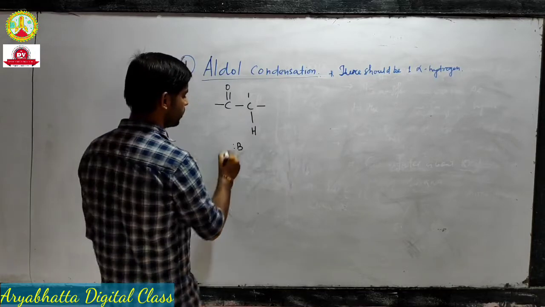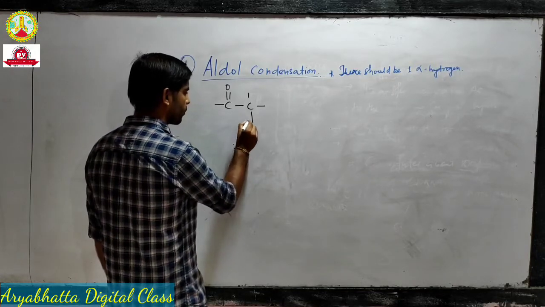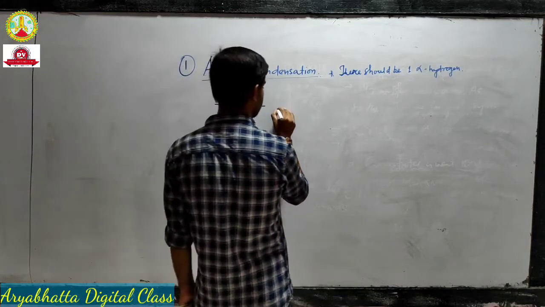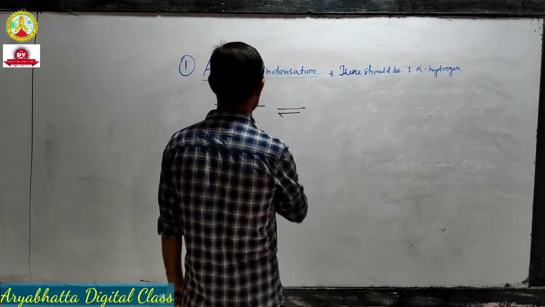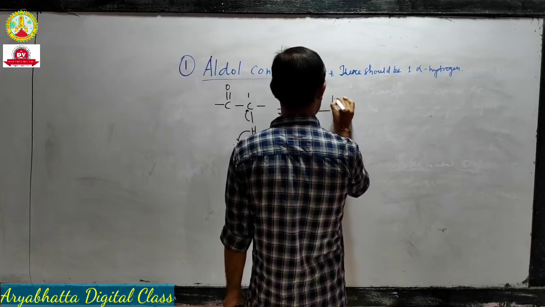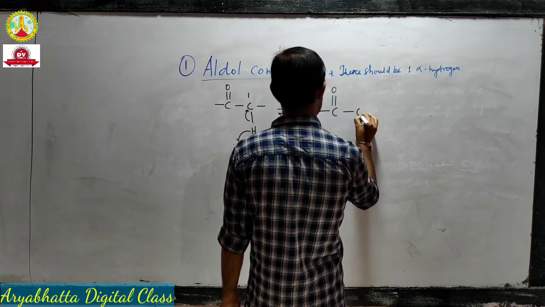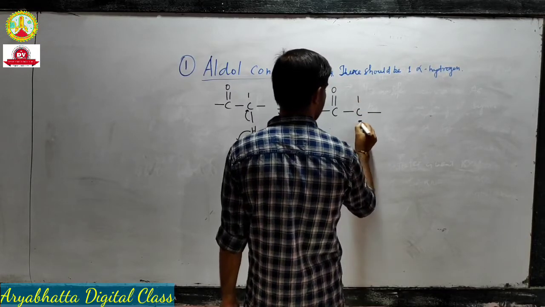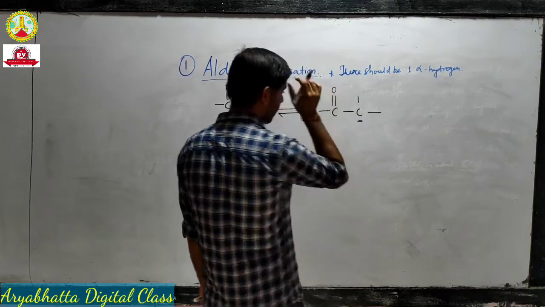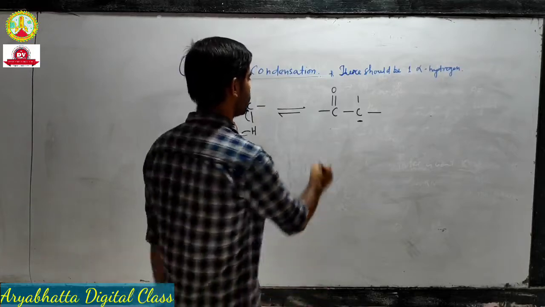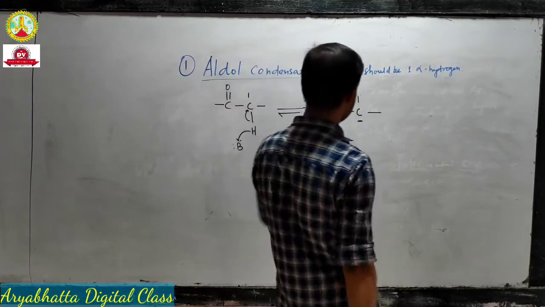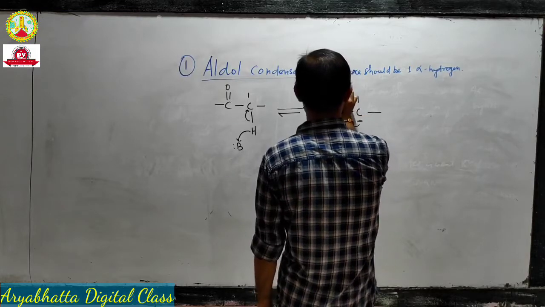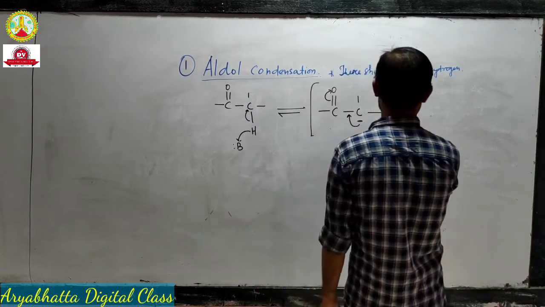The base will remove this hydrogen, so we'll get this, a negative charge appearing on the carbon, and this can be stabilized by a resonating structure.